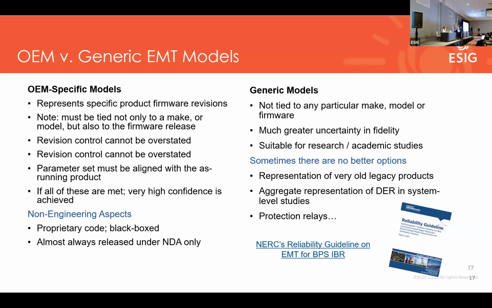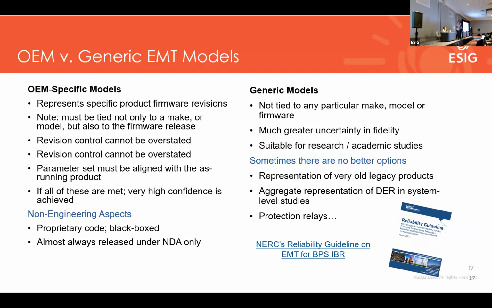Getting this right up front and having that rigor is not the fun engineering stuff. It's not always pretty, and it's not what we get excited about doing, but it's critically important, especially broadly, to continue to have the confidence of the industry and to be able to push these new technologies forward. The parameter set, same thing, must be aligned.